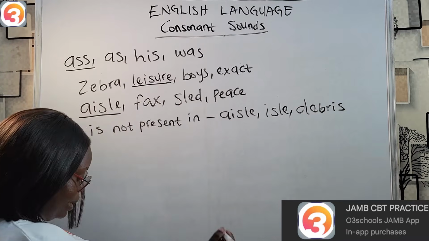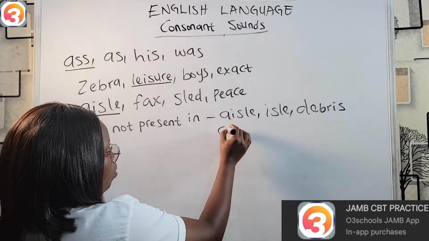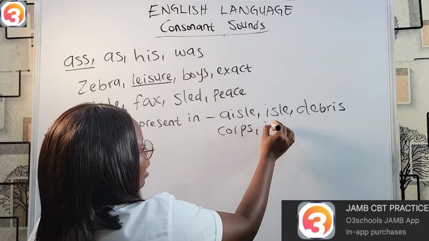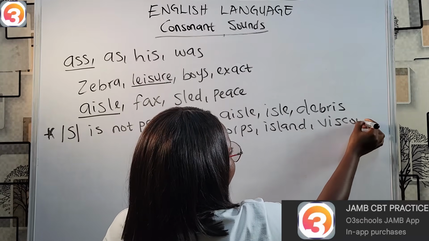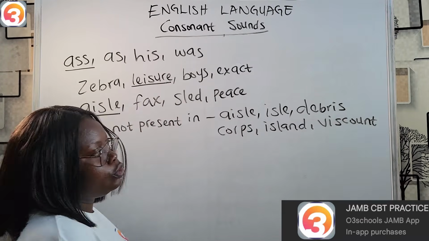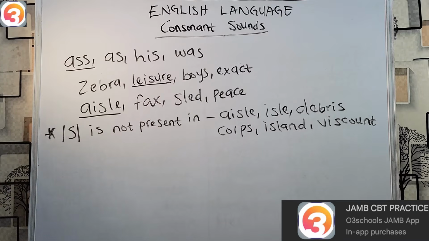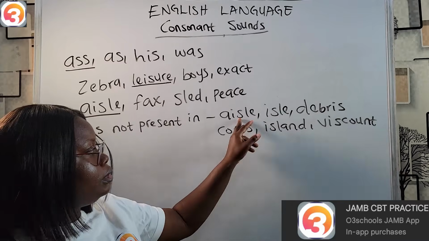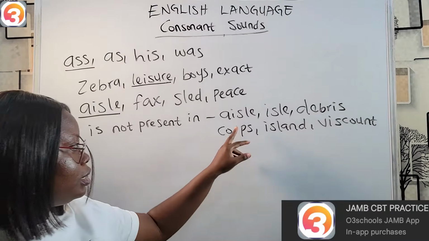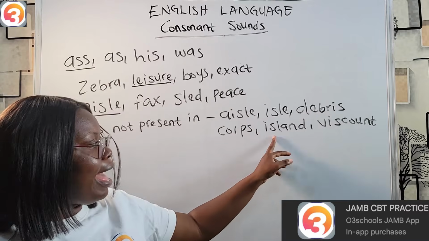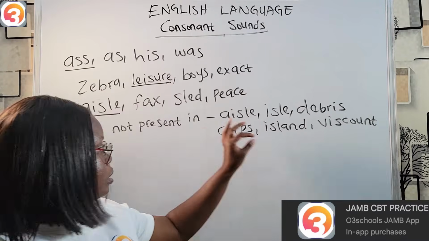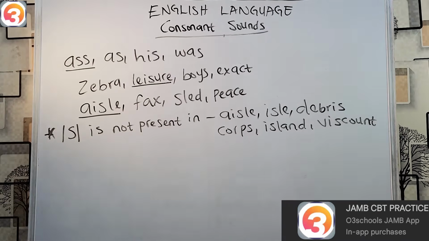I think it's also silent in core, island, viscount. So in these words, although the letter S is present, the consonant sound S is not there. The S in these words is silent. We have aisle, debris, core, island, viscount. The consonant sound S is not there in these words.